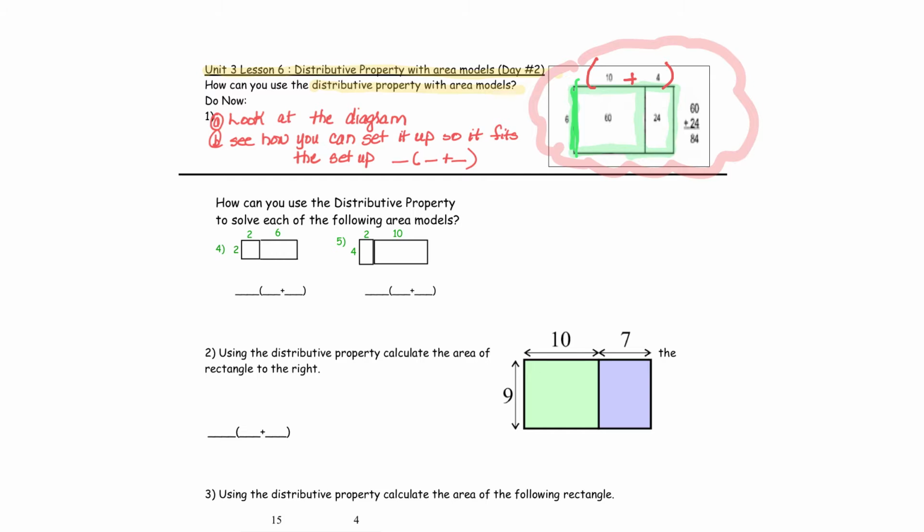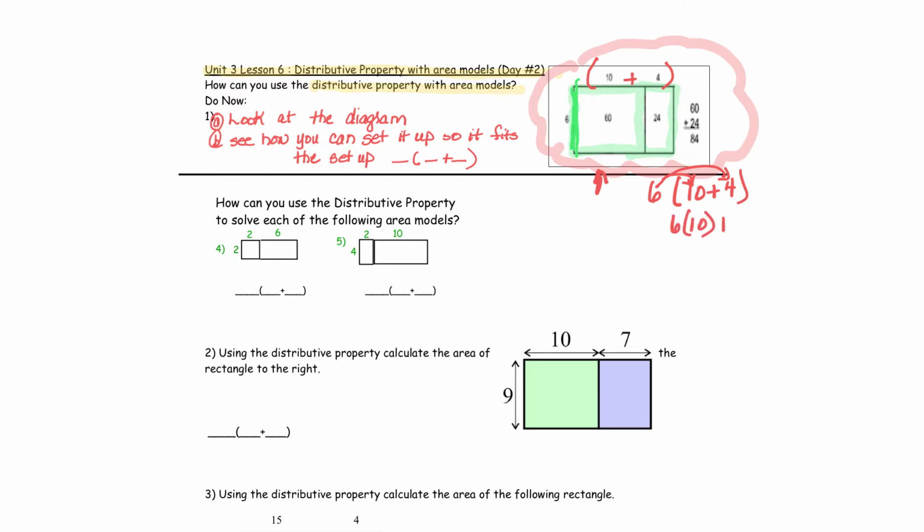So if we were to set this problem up in the info box here at the top, it would look something like this. 6 times 10 plus 4. And then we would use the distributive property. Now, a lot of you might look and say, well, we can just use mental math. Well, that's all fine and good, but it's always important.